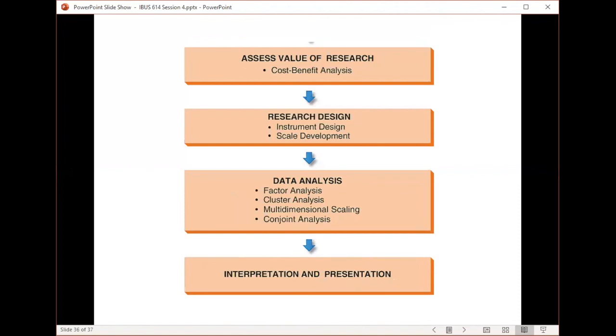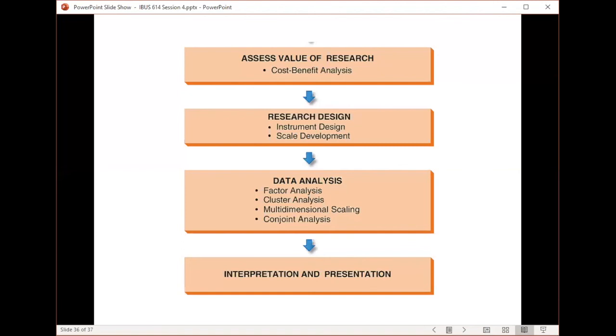And the research design generally goes with the primary research process, where you choose an approach, whether quantitative or qualitative. You choose your sampling technique. You design a data collection instrument. If it is quantitative, you have to develop a scale. And then once you do all that, you embark on your data collection. And then ultimately, the data that you obtain is analyzed.